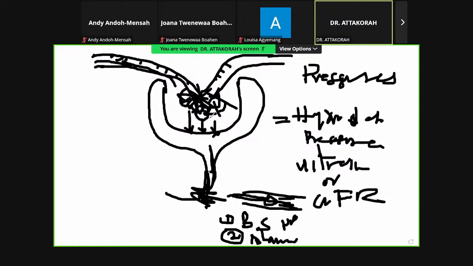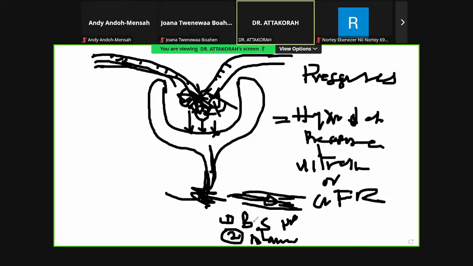Please, do you understand what I'm saying? There will be repulsion. This will try to repel the albumin, and that will give resistance to the flow.